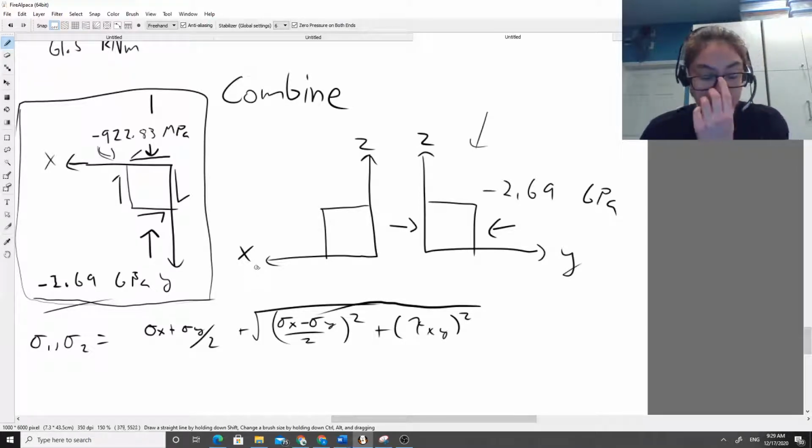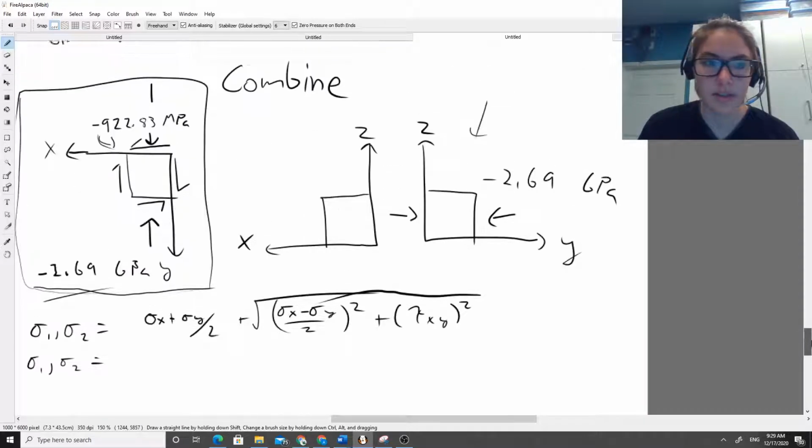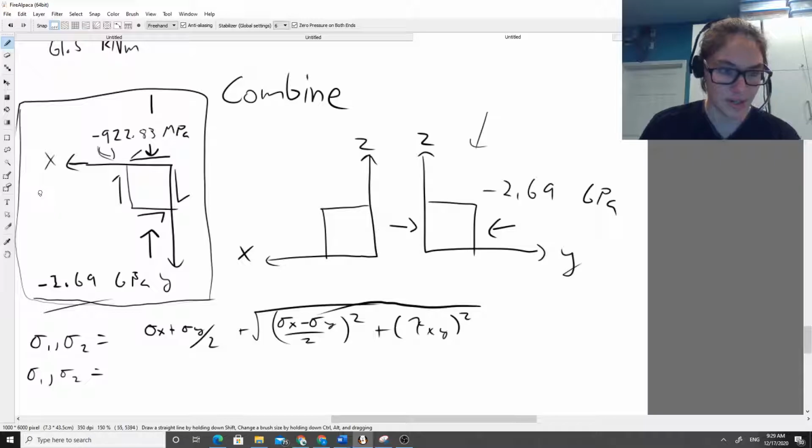And we just got to plug numbers in. So let's go ahead and do that. Stress 1 slash stress 2 is going to be equal to, what's stress x? We don't have a normal stress in the x direction. That's 0. So it's going to be 0 plus negative 2.69 gigapascals.